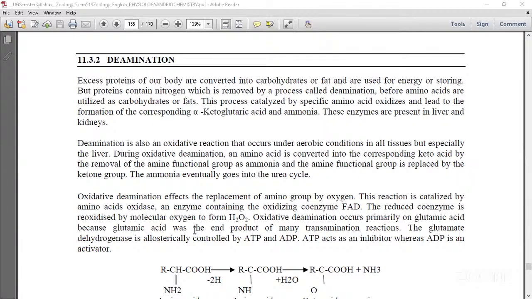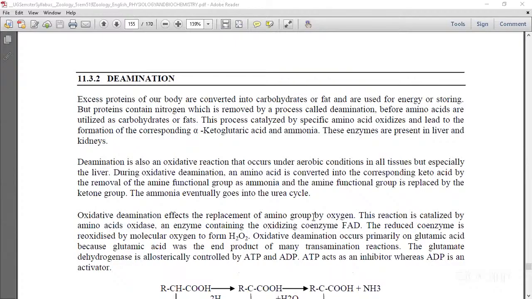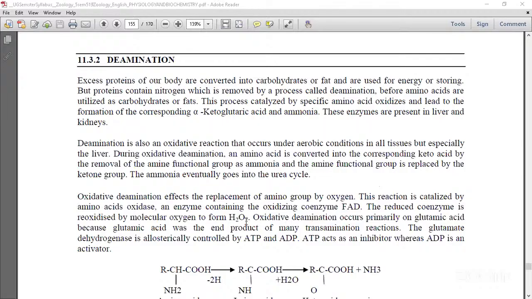Oxidative deamination replaces the amino group by oxygen. This reaction is catalyzed by amino acid oxidases, enzymes containing the oxidizing coenzyme FAD. The reduced coenzyme is reoxidized by molecular oxygen to form hydrogen peroxide, H2O2.